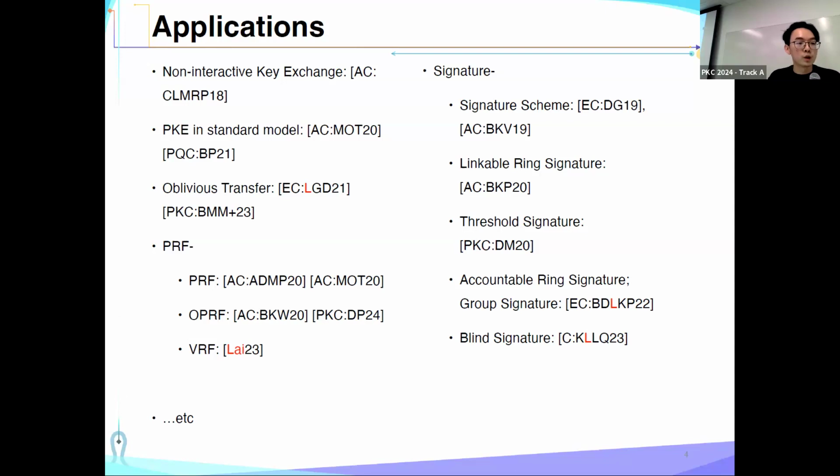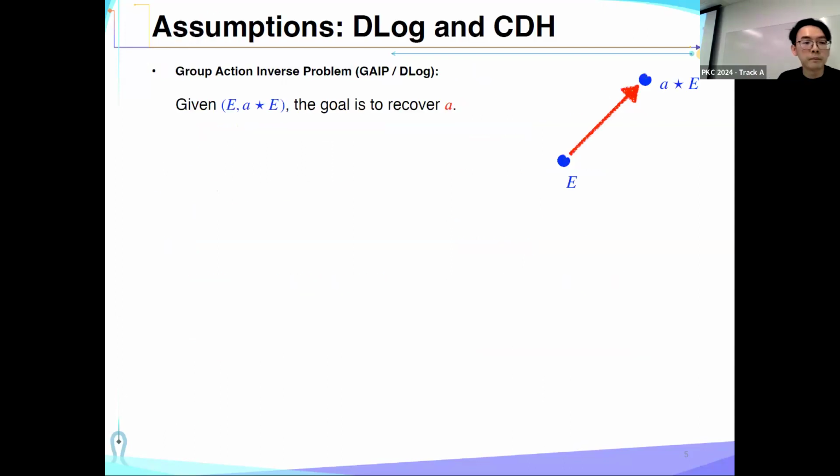It can be used to construct non-interactive key exchange, PKC in the standard model, secure oblivious transfer, and can also be used for pseudo-random functions and signature families, including linkable ring signature, group signature, accountable ring signature and blind signature. But efficiency is still a bottleneck in the development, because we have some exponential time attacks, so the parameter sets tend to be very large.